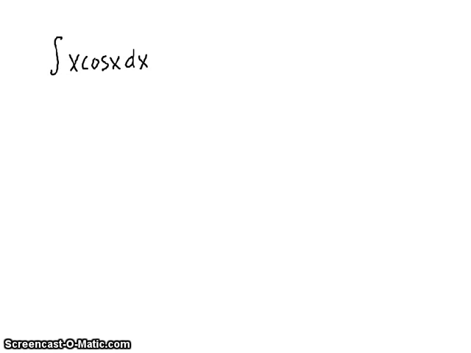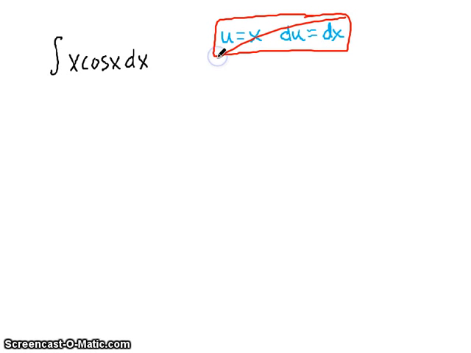If we pick u to be x because that's inside of our trig, then du would be dx. The problem is we have an extra x left over in front of the cosine, so our ordinary u substitution doesn't work. So we need to think antidifferentiation by parts.